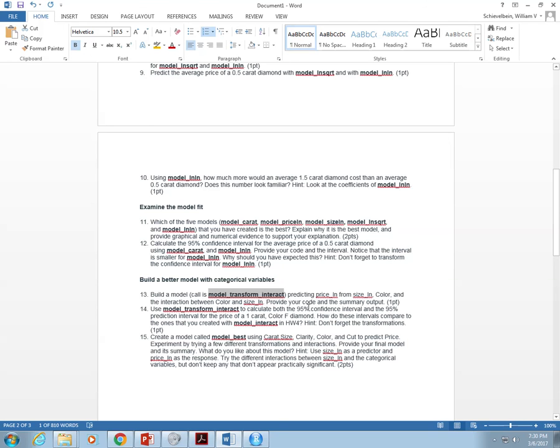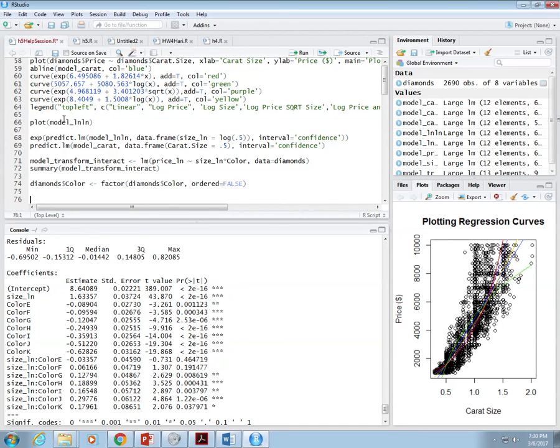Okay, so we have our model, and then provide your code in the summary output. Use model transform interact to calculate both a 95% confidence interval and 95% prediction interval for a 1 carat color F diamond. So that's like what we did before, but we're going to exponentiate our prediction because we're doing the log of price.